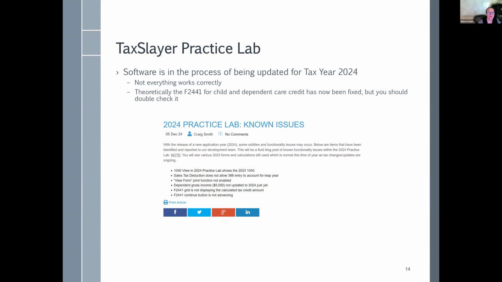So as you're going through, if you have a question or if something doesn't seem right, that would definitely be something you could ask me about: hey, is this a problem? Have you seen this issue in TaxSlayer before? Those issues generally will all get fixed by early in the tax season, but now there can be quite a few of them.